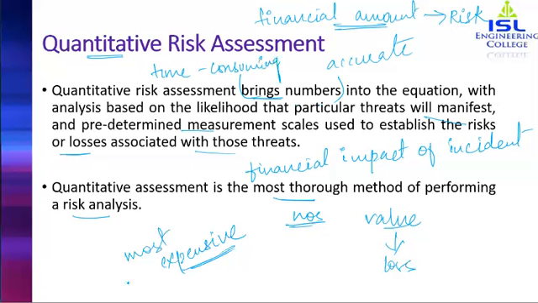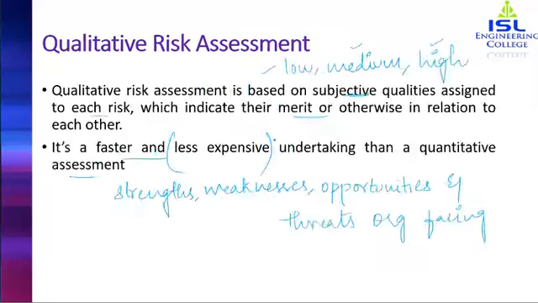As this is time consuming and most expensive, this is ideally not the first choice of smaller enterprises. That is why we've said that qualitative assessment is faster and less expensive to undertake than a quantitative assessment. People go for qualitative assessment rather than quantitative risk assessment.